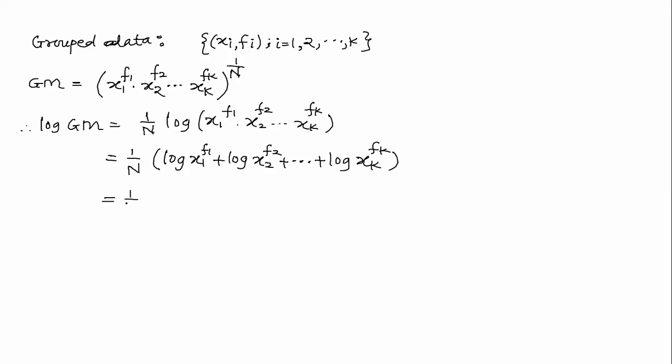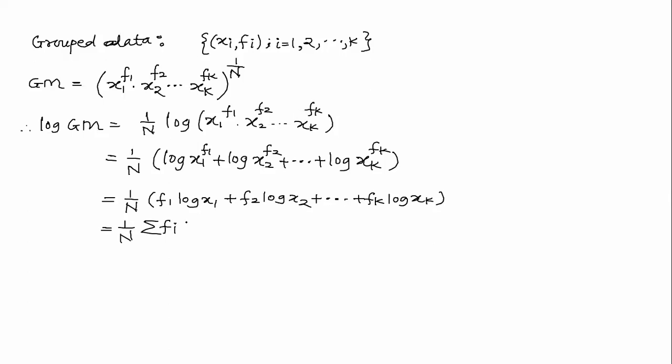Further, this is 1 upon capital N, f1 times log of x1 plus f2 times log of x2 and so on, fk times log of xk. So this is equal to 1 upon capital N summation fi into log of xi, i running from 1 to k.